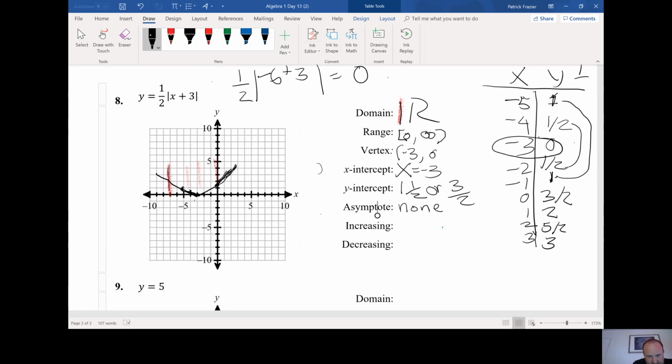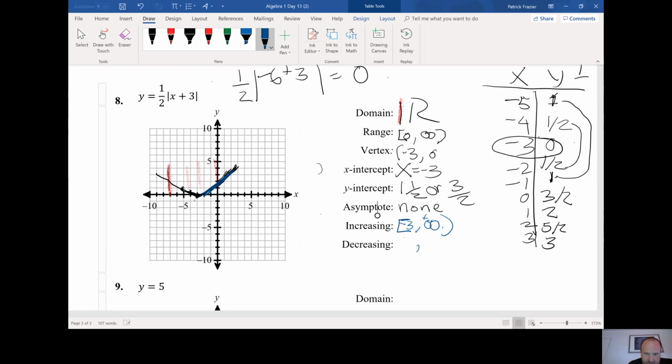Increasing, well, between x equals -3 and up, we keep going up in value. So I can say that between -3 and infinity, that's positive infinity. You do not need to put a positive sign there, but you can if you want. Between -3 and infinity, it's increasing.